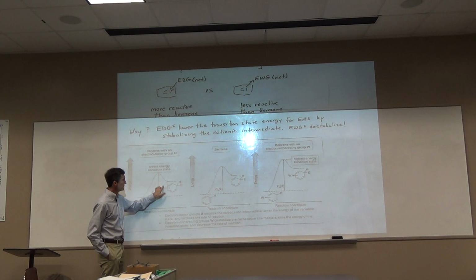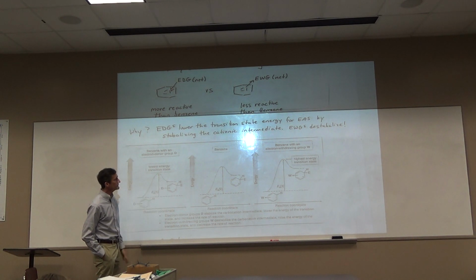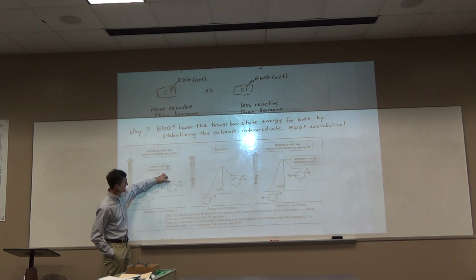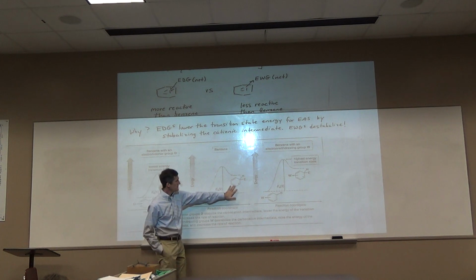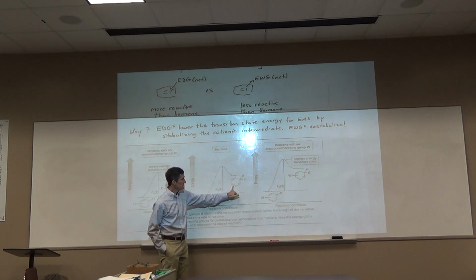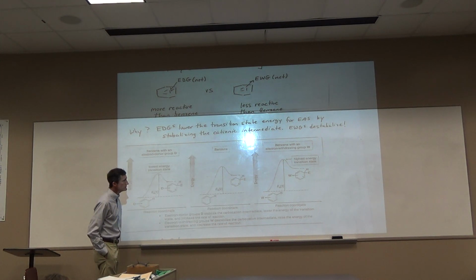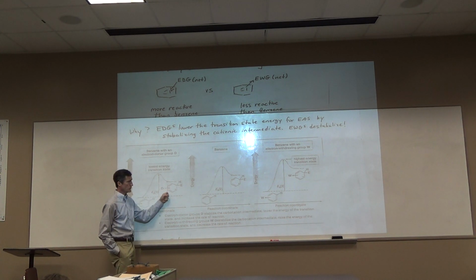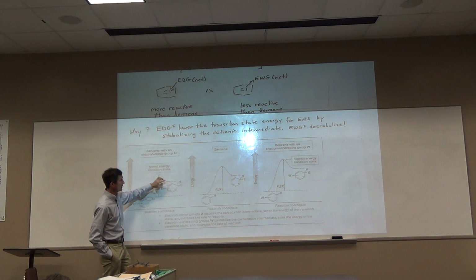We'll also need to be able to do resonance structures with the donating group sometime. Since it stabilizes the positive charge, it makes the intermediate lower energy than here when there's no donating group. So with donating groups, the intermediate is lower in energy. This is going to be a faster reaction. It's going to be easier. Transition state energy is lowered.